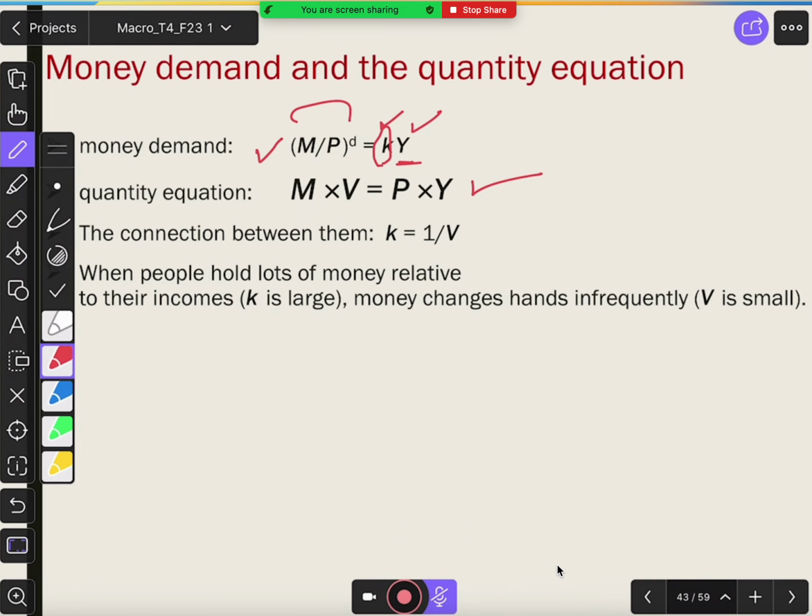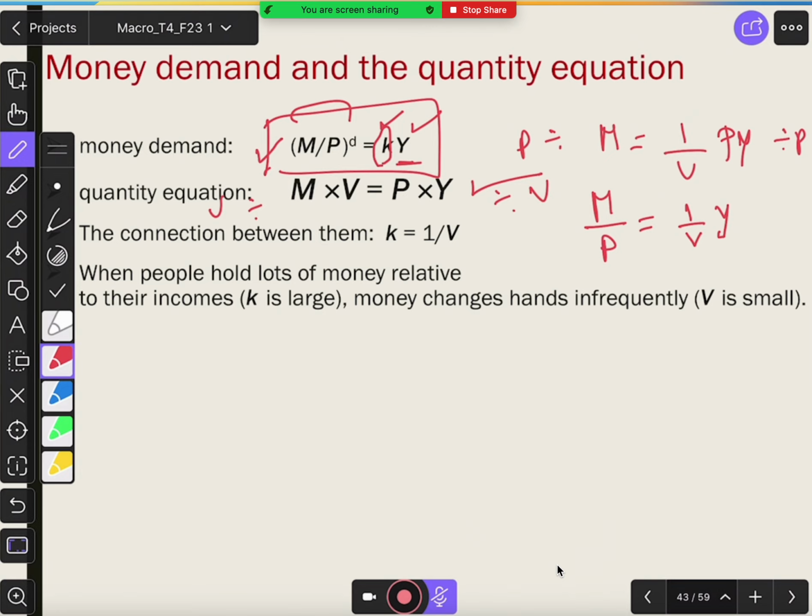If you divide both sides by V, then you will get M is equal to 1 over V times P times Y, right? And then if you divide by P, then you will get M over P is equal to 1 over V times Y, which is the first one here.